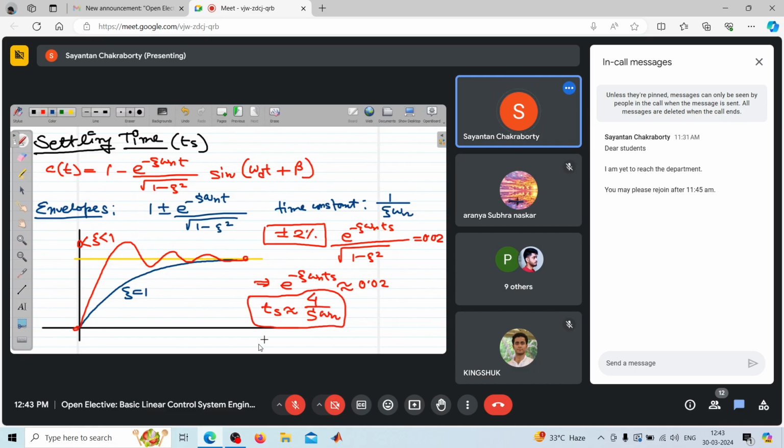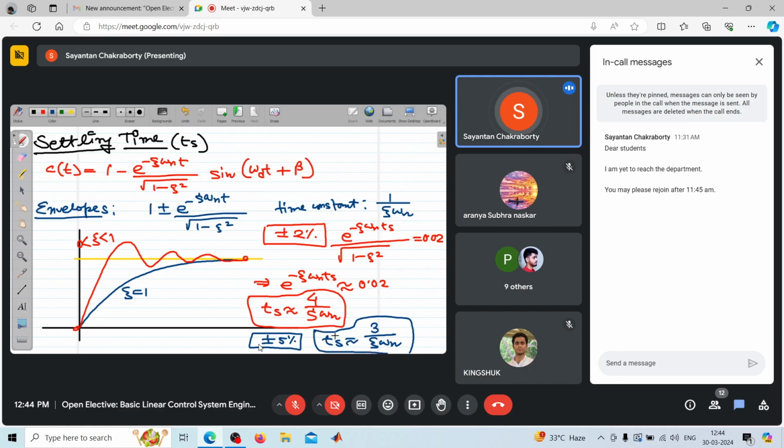Similarly, for a band of plus minus 5%, where you can allow the response to stay within plus minus 5% of the steady state, the settling time, following the same principle, is 3 by zeta omega.